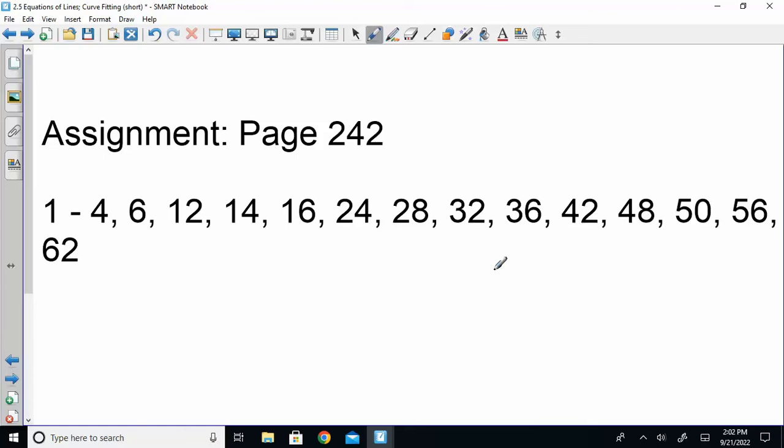We are going to remove 56, 62, and 32. Okay? So, we have 2 assignments. You have a little bit of time right now. You can get started. You'll have the full class period tomorrow, so I am not moving on tomorrow. Whenever you're in here, you have to work on it.